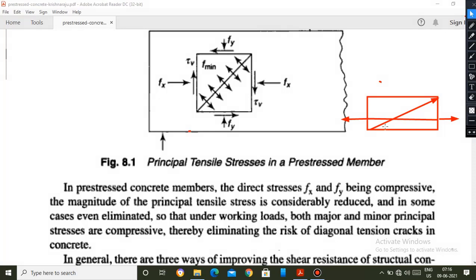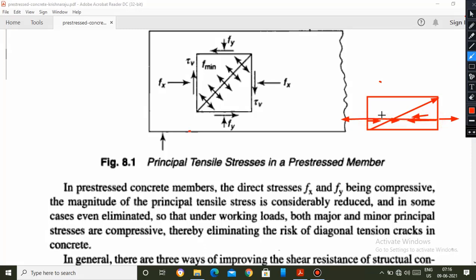And sometimes the principal tensile stresses are also reduced. And again, if you observe here, in a pre-stressed concrete member the direct stresses Fx and Fy are compressive. That means after stretching the tendons from both sides, on releasing, these two forces are generated in the compressive direction.